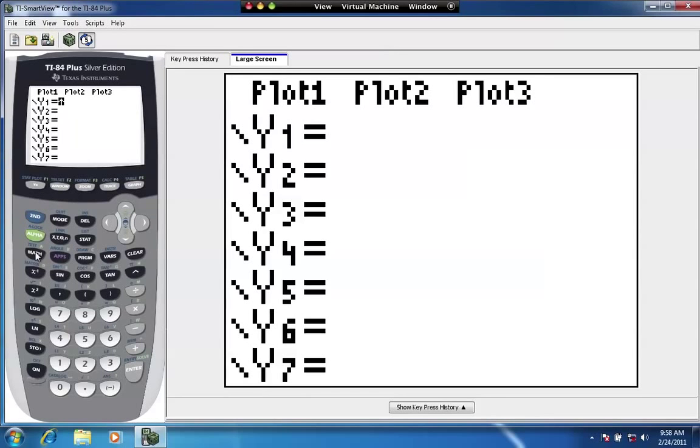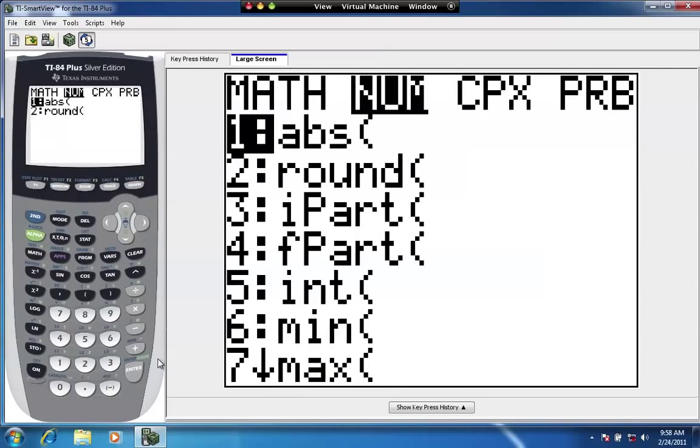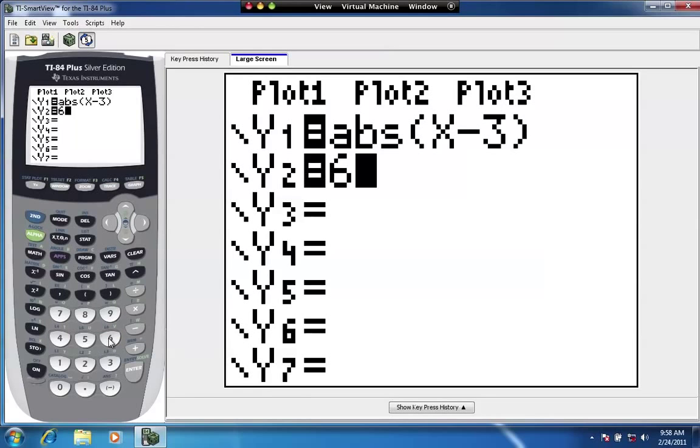It's not second math, it's just math, NUM, ABS. I'm going to plot the absolute value of x minus 3, which is the absolute value graph shifted 3 units right, and the horizontal line y equals 6.